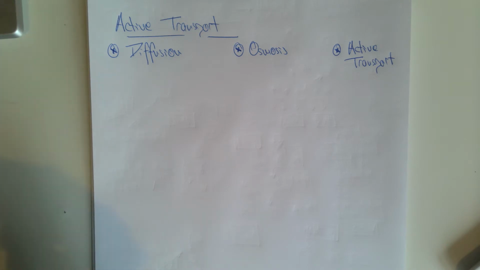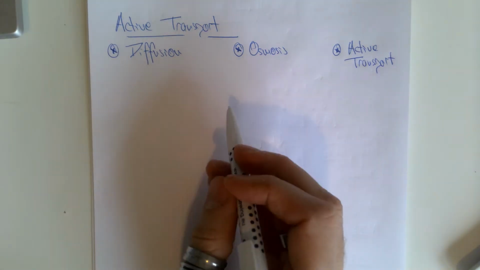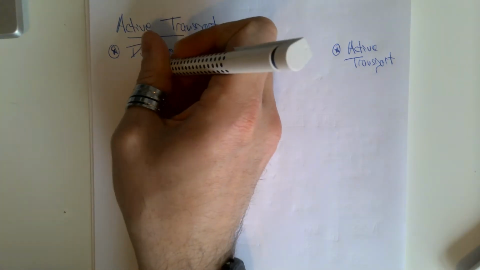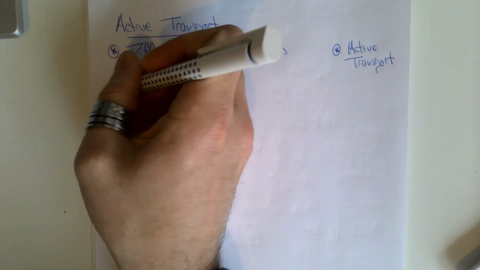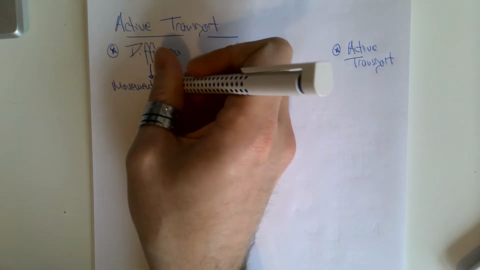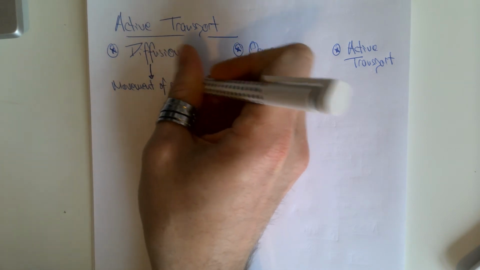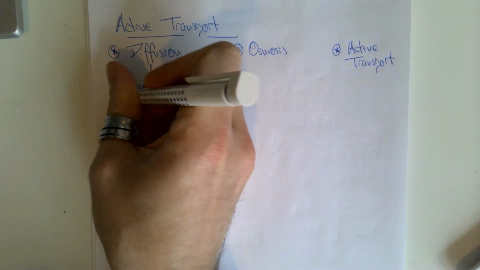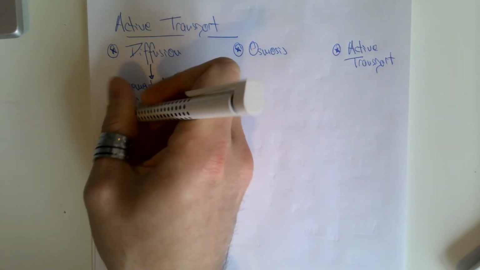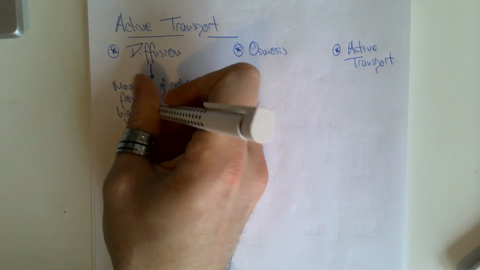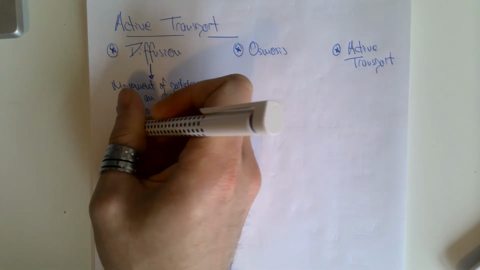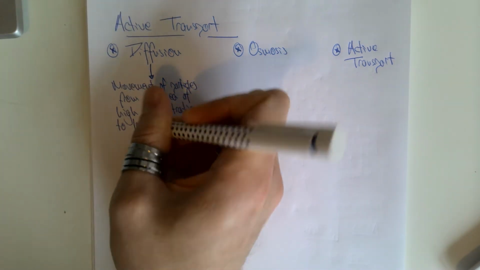So, key thing to remember about these two, because I'm just going to remind you briefly of these and focus on active transport during this tutorial, is that diffusion is the movement of particles from an area of high concentration to low concentration.